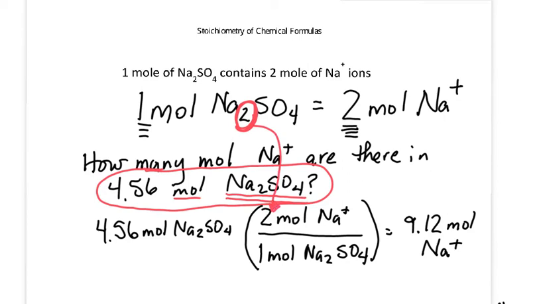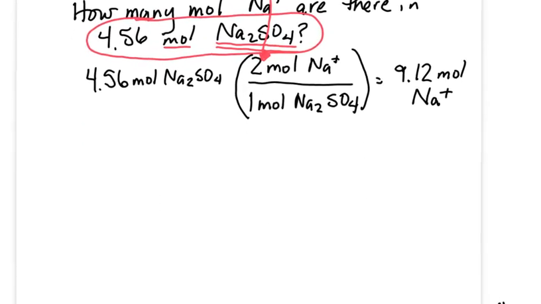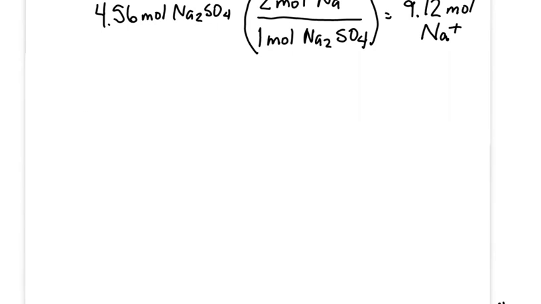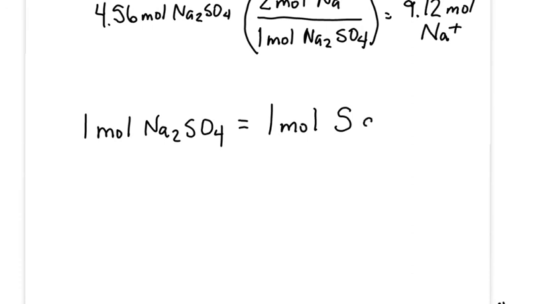If I was instead talking about sulfurs, for example, 1 mole of sodium sulfate contains or is equal to 1 mole of sulfur atoms, because in the chemical formula there's no subscript there, so it's implied that there's a subscript of 1. So 1 mole of the whole thing contains 1 mole of sulfur atoms. There's 1 mole of sulfur atoms per mole of total sodium sulfates.